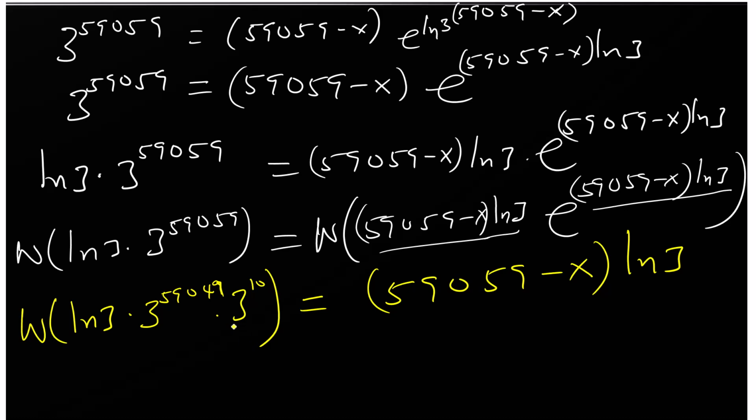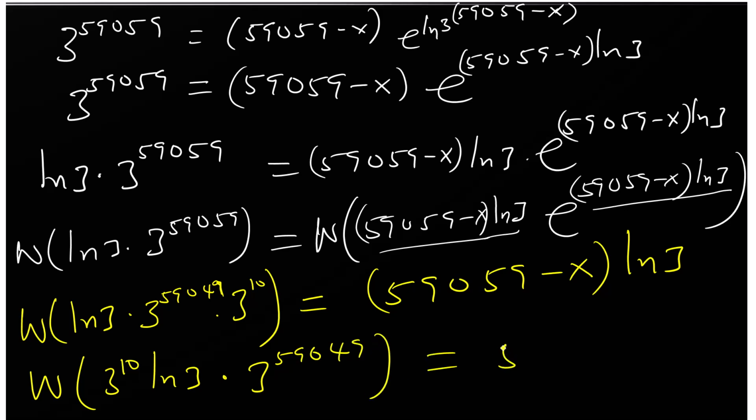Now I want to write this side as W function of 3 to the power 10 ln of 3. So we have this one here times 3 to the power 59049 equals 59059 minus x ln of 3. Now 3 to the power 10 is this 59049.